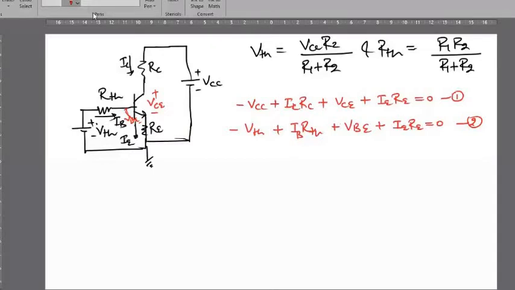Zero minus current flowing through RC, then how much current flows through RC? gm vd by 2. So gm vd by 2 into RC. We can solve a numerical using this potential divider biasing.